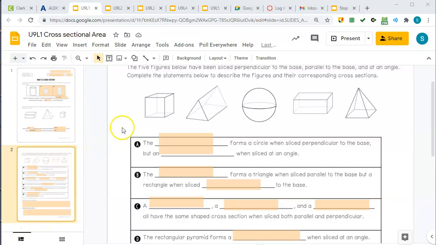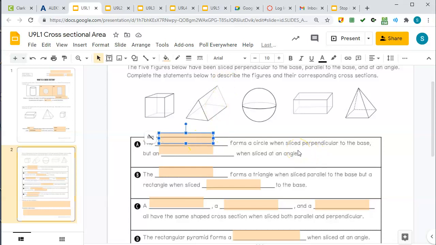Well, this one we can't answer as written, because the only thing that gives a circle when we cut is the sphere. A sphere also forms a circle when sliced at any angle, because a sphere will show a circle at any angle.